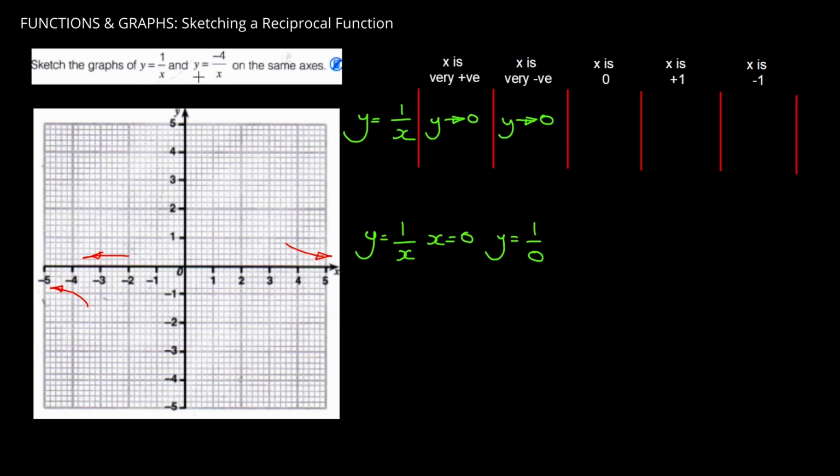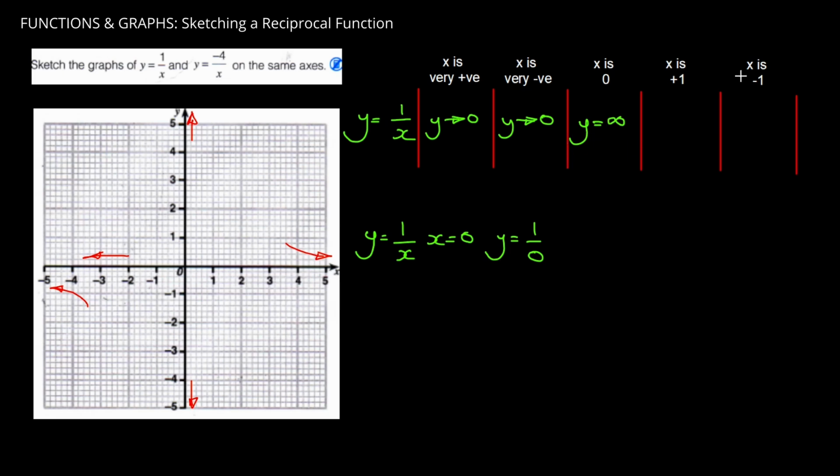So the value for y when we're on the axis is way up there, or indeed way down there. Both are true. So we can put the result here that when x is 0, y is equal to, well, let's say infinity rather than undefined.